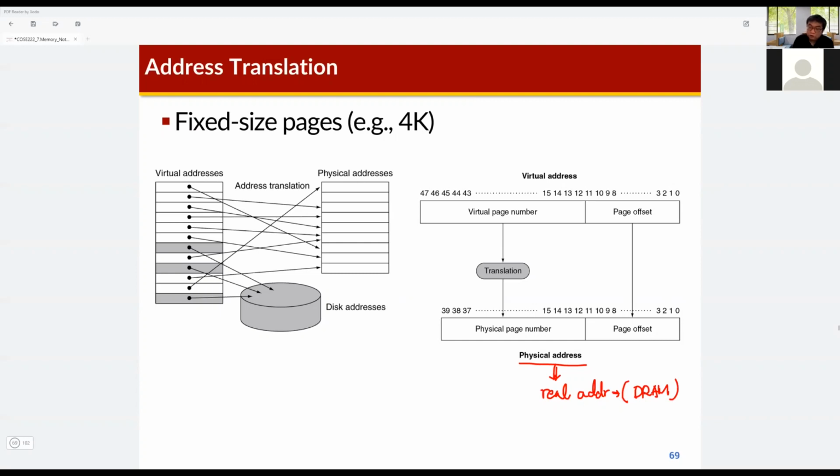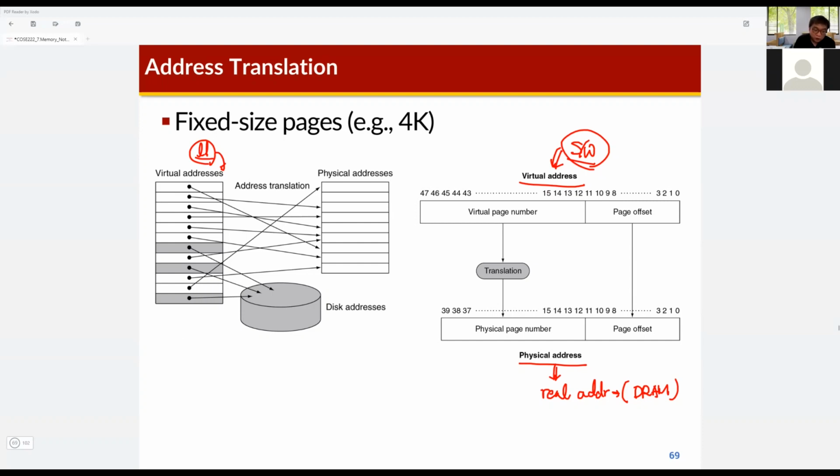And what is the virtual address? This is the address used by software or application. And this is the concept of the virtual memory. So with load, the software uses this virtual address for data access or data transfer instructions like this.